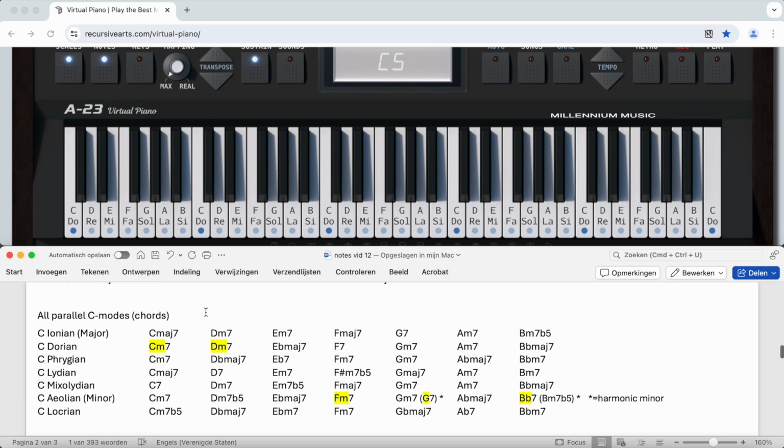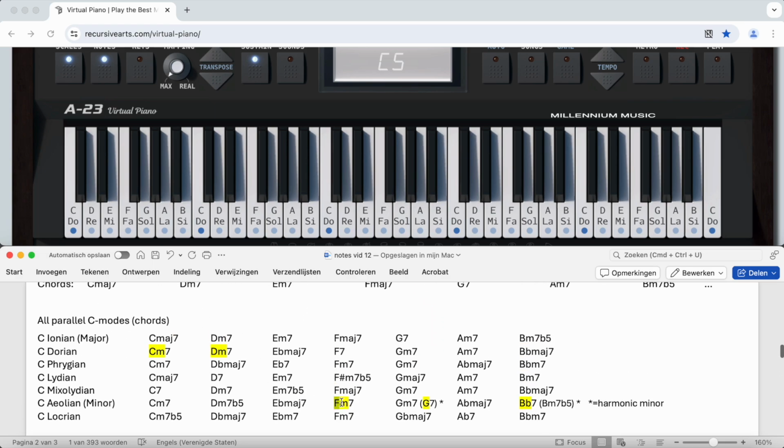Let me show that to you. So you have that 4th degree, that 7th degree, and that 1st degree of C minor. There is no other mode over here that has an F minor and then a dominant chord over here. You see that? So we are definitely in C minor in the chorus.